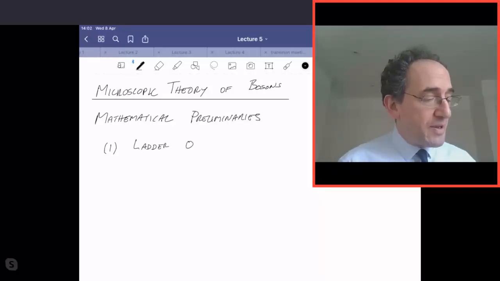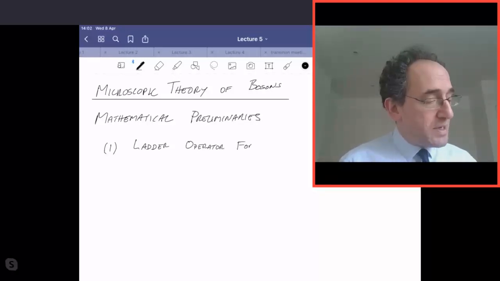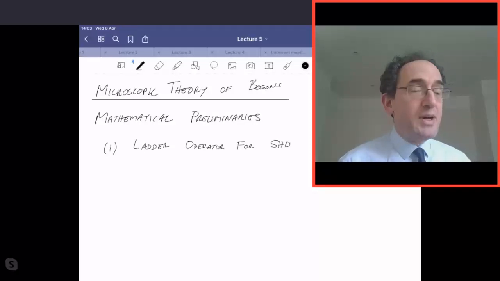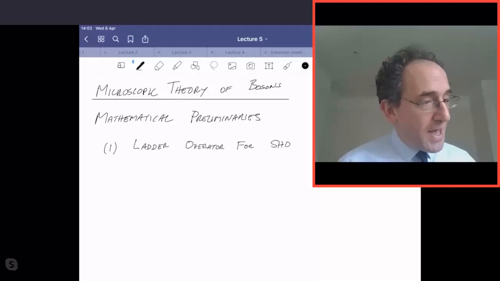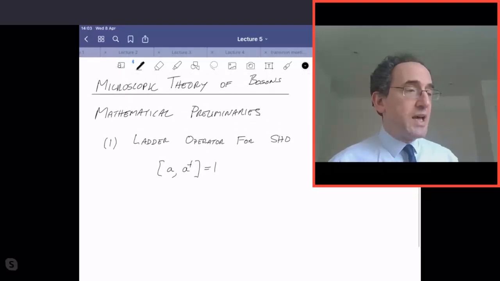You start with ladder operators for a single harmonic oscillator, a simple harmonic oscillator, SHO, and the ladder operators, you know them well. We call them A and A dagger. Usually, they have the canonical commutation relations.